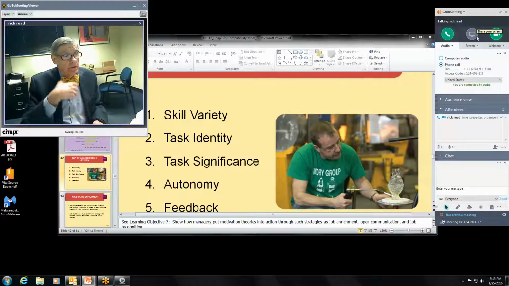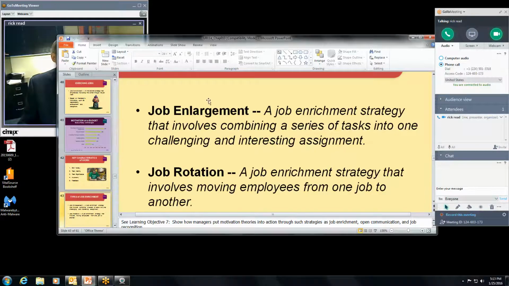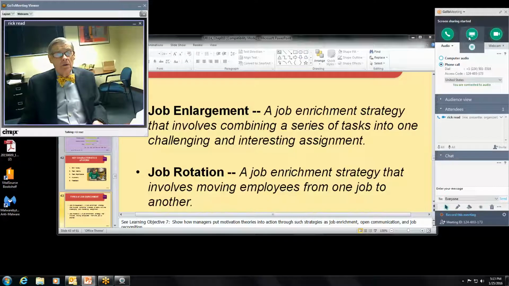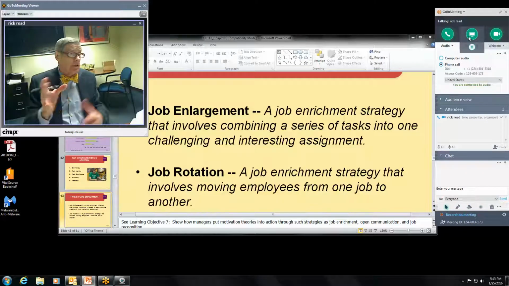Now, there are different types of job enrichment. The one I spoke of is kind of the holistic thing, giving the whole enchilada. We have 2 here that it shows as job enlargement and job rotation. Here, job enlargement is actually taking what were formerly 2 different tasks that could be complementary, didn't have to be, and telescoping them into one.